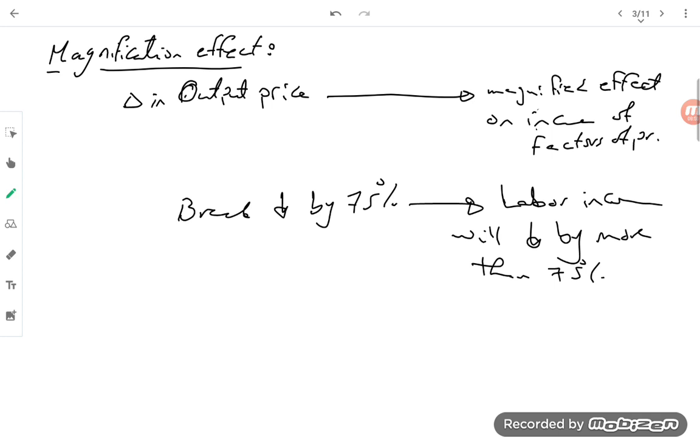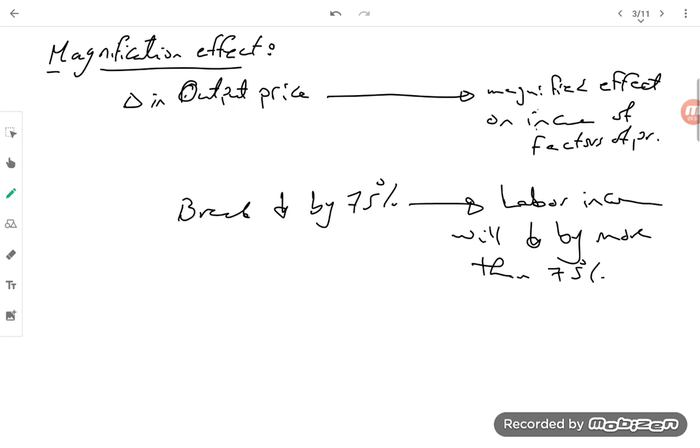Actually, the idea of Stolper-Samuelson is dead because of trade liberalization. Trade liberalization caused wage inequality, and this is the opposite to the theory of Stolper-Samuelson.